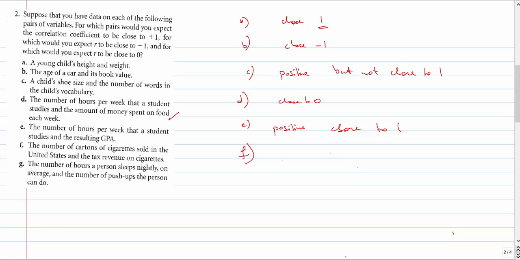So the more it's sold, the more tax. I am guessing, so I would say close to 1. It's positive and close to 1. G, the number of hours a person sleeps nightly on average and the number of push-ups the person can do. Well, I would say this is close to 0. I don't see much linear relationship going on.